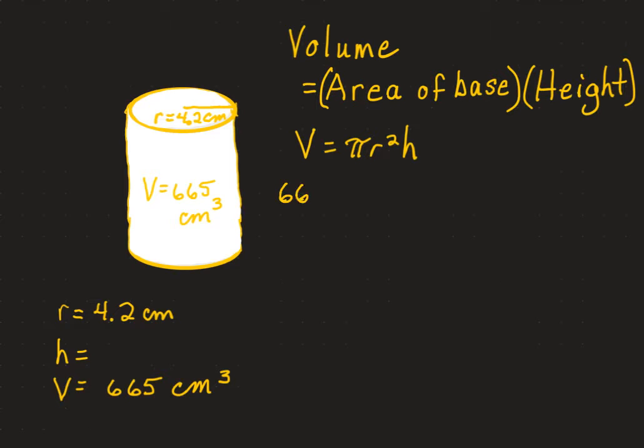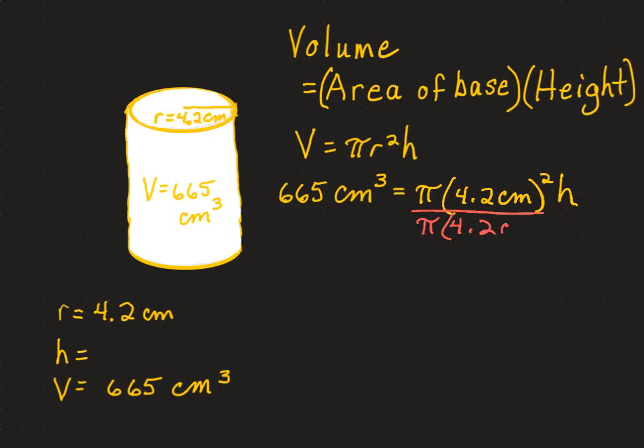So this would be 665 cubic centimeters equals pi times (4.2 centimeters) squared, times h. All right, now we're solving for h. Pi, remember, is a constant. So we're going to divide both sides by everything except that h.